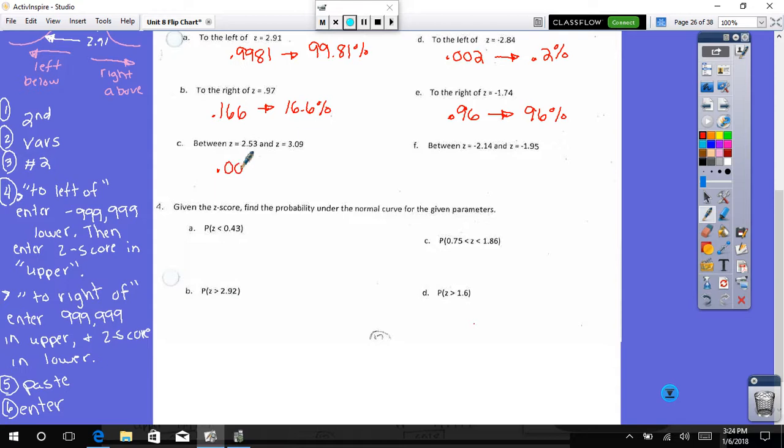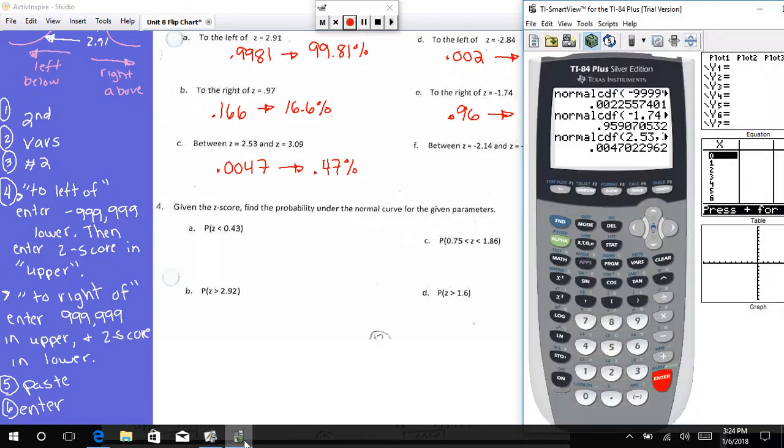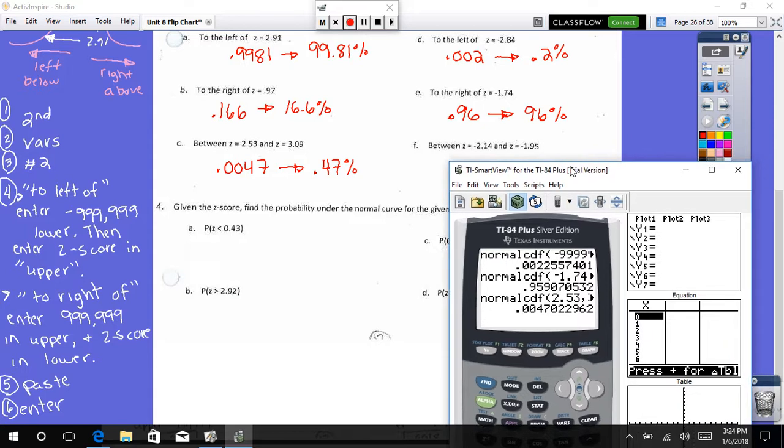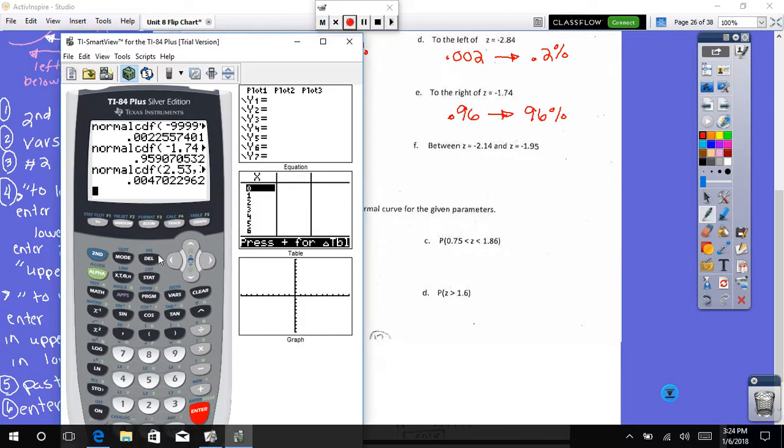0.0047. Okay, again, move the decimal 2 places, so 0.47%. Another between, second bars, normal, enter.